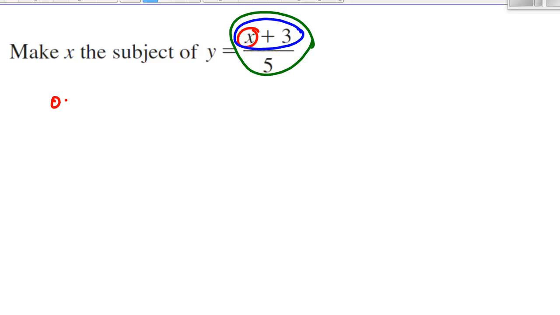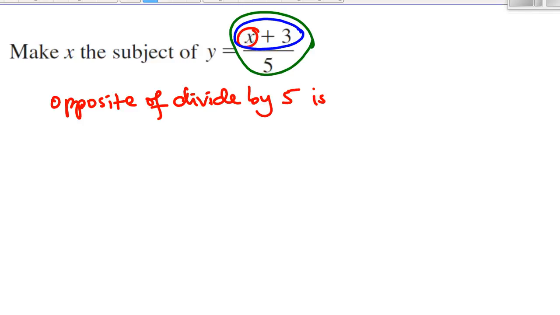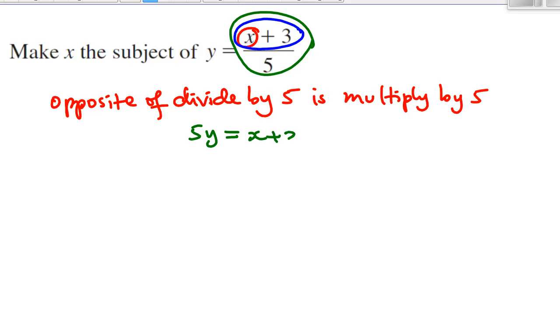And the opposite of divide by 5 is multiply by 5, which means I'll multiply the left hand side by 5 to end up with 5y is equal to x plus 3.